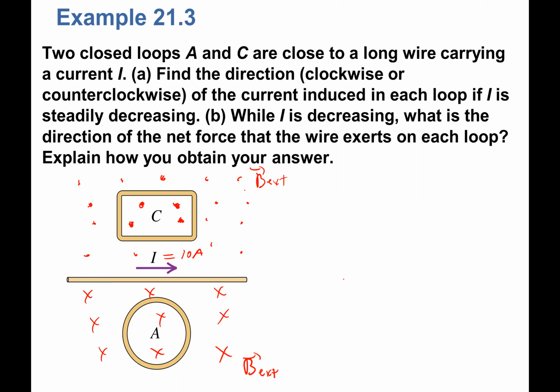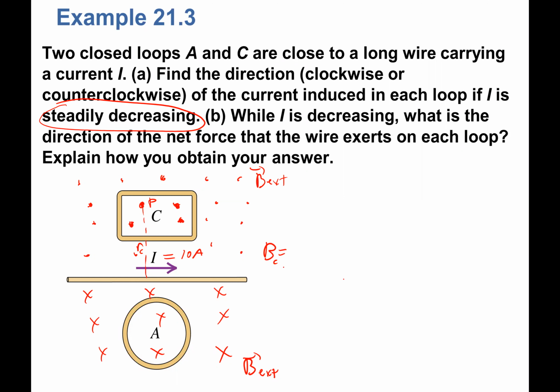But for now, let's say we start changing the current by steadily decreasing it. Remember, this is a straight wire. Let's look at the magnetic field at a point P, at a distance, let's say, RC from this wire.